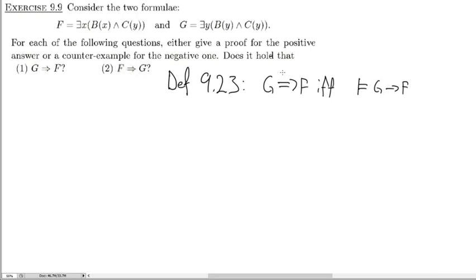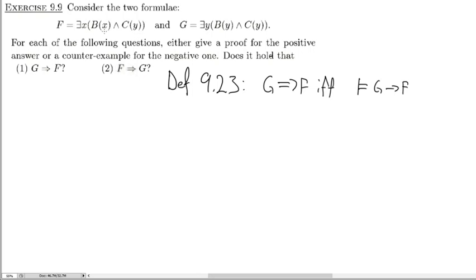If we look at g here, we have a y which is bound by the existential quantifier, and this y is in B and in C. So essentially what g is saying is that there is at least one item which B and C have in common. Well, f on the other hand, here we have one bound variable x in the existential quantifier, but then we have also one free variable here.